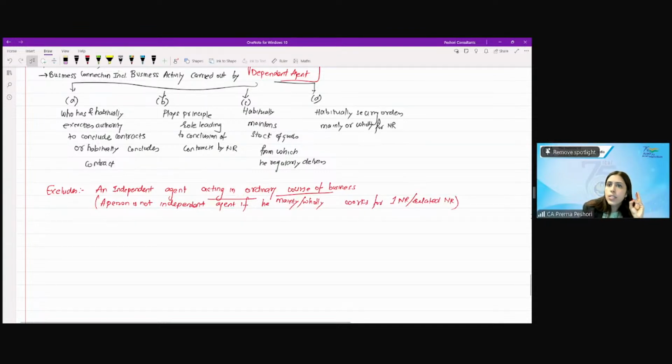One who is habitually concluding the contracts or habitually has an authority to conclude the contracts or plays a principal role leading to the conclusion of contracts or is maintaining the stock of goods habitually and delivering from that stock or is habitually securing the orders mainly or wholly for a non-resident. It excludes an independent agent. Is this clear?